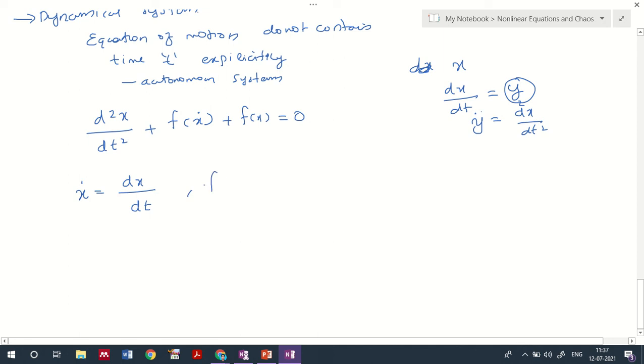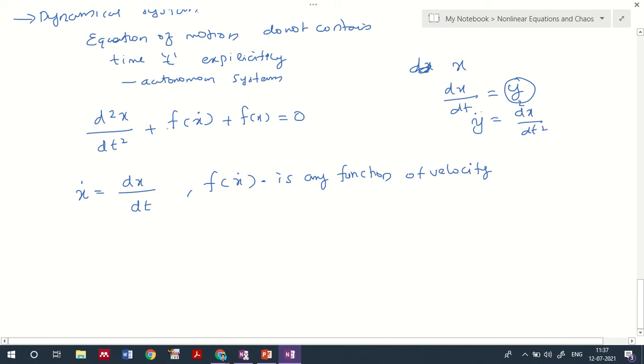So what does f of x dot mean? f of x dot is any function of velocity, where x dot is equal to dx by dt.